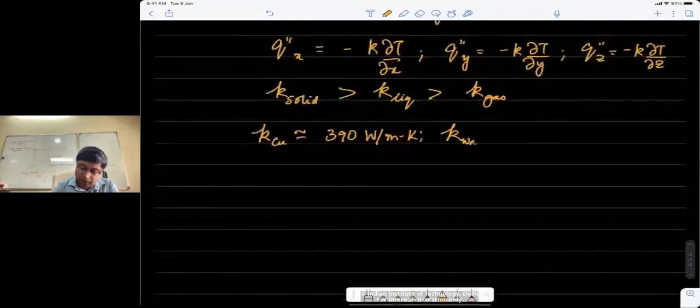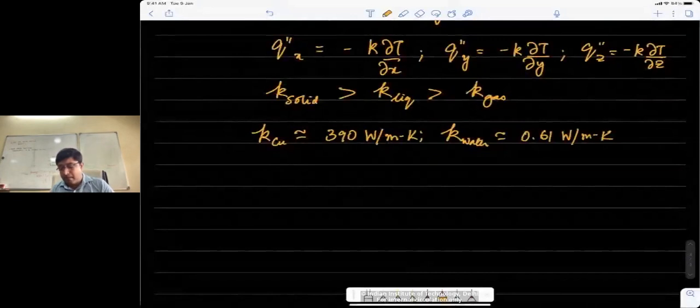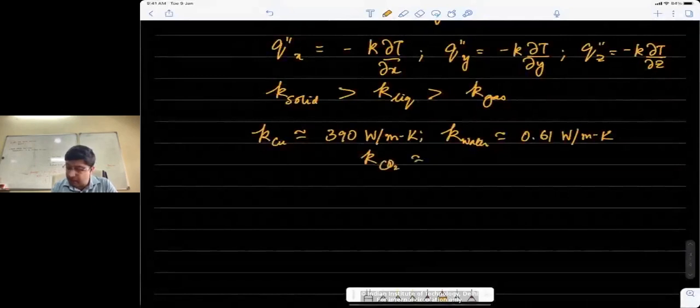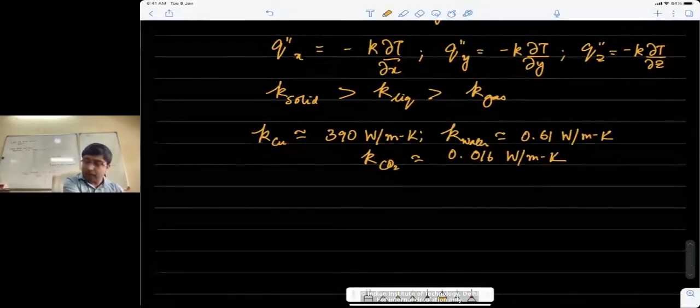K of water is roughly 0.61 watt per meter Kelvin, and K of, let's say, carbon dioxide, which is a gas, is about 0.016 watt per meter Kelvin. So the thermal conductivities will progressively go down, and that's because of differences in the intermolecular spacing between these phases.